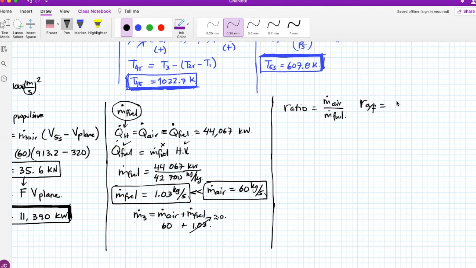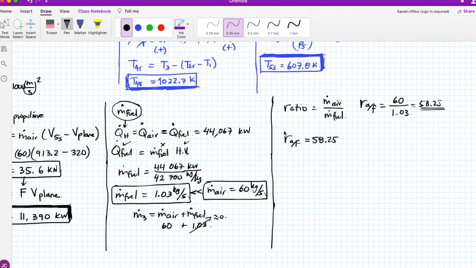In this case, it's 60 divided by 1.03, so this number is around 58.25.